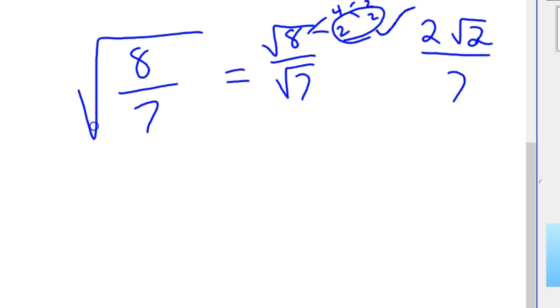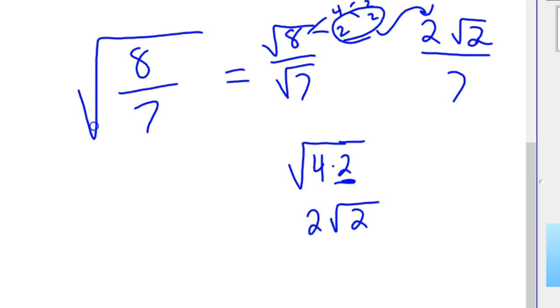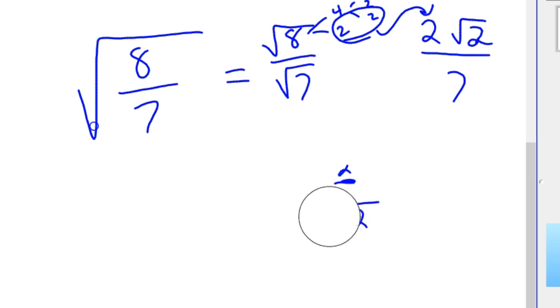The pair came out front, just so I'm not confusing you, because that seems to be the biggest issue. So 8 is the square root of 4 times 2. Well, the square root of 4 is 2. This root 2 stays a root. So that's where I get the 2 root 2. And that, for some reason, is a big sticky issue for kids.